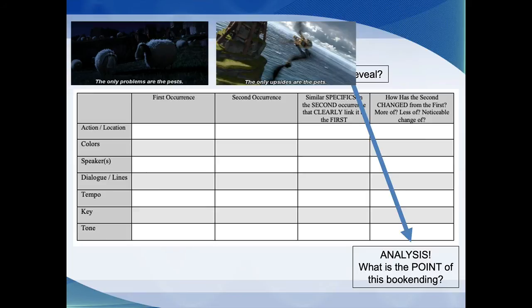But by the end of the film, we have the same character speaking, saying the same exact words, but there's this one tiny little change in his dialogue. What does that mean? What could the author be telling us? That's what we need to think about, that's what we need to analyze and interpret, and that's applying the tool of bookending to our analysis of theme.